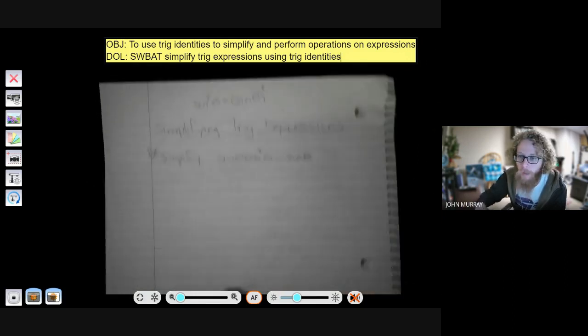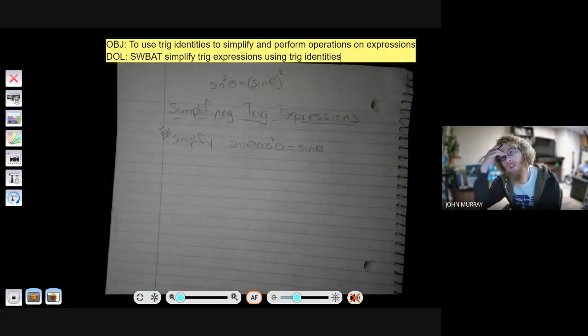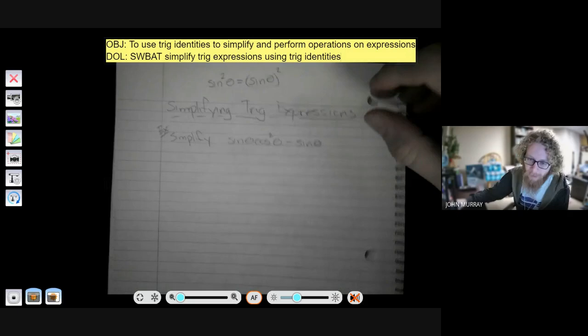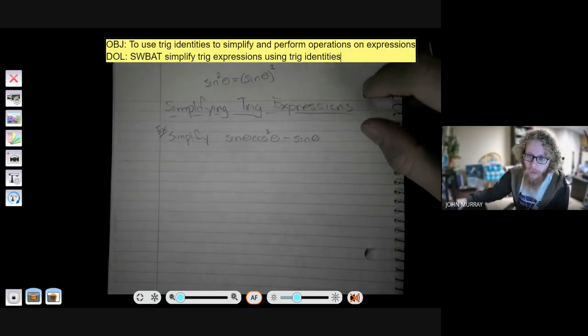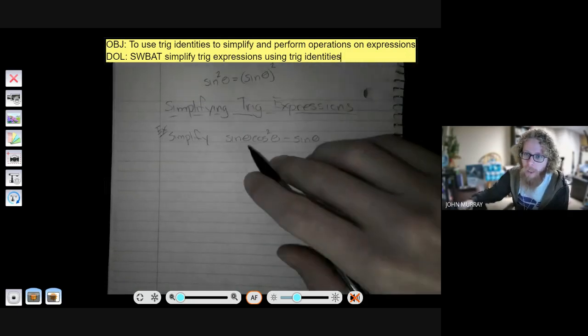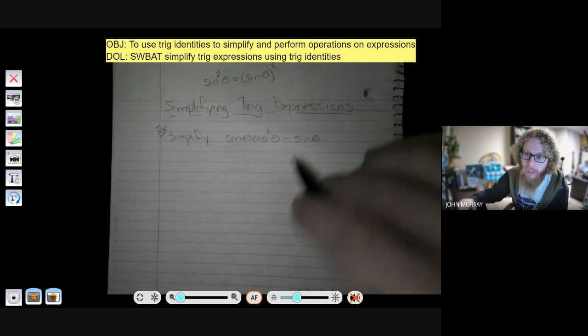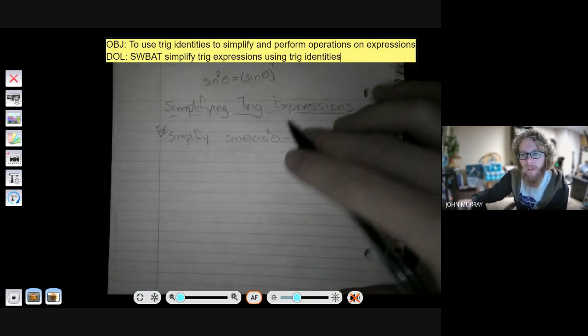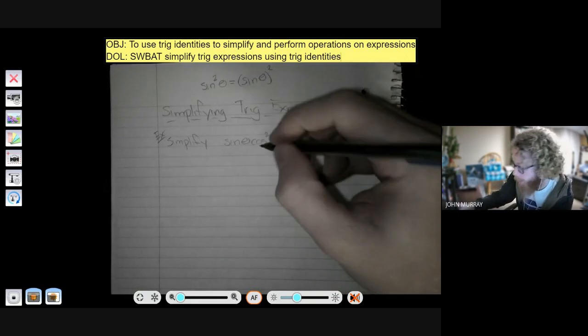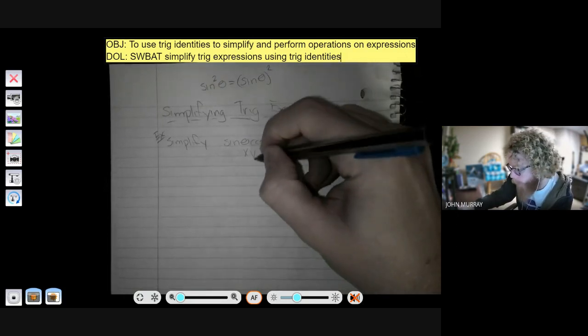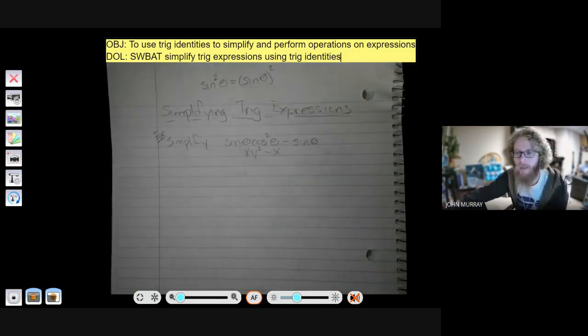So here we have the sine cosine squared. We treat each one of these like it's its own variable. If I wanted to rewrite this, I could say something like x y squared minus x.